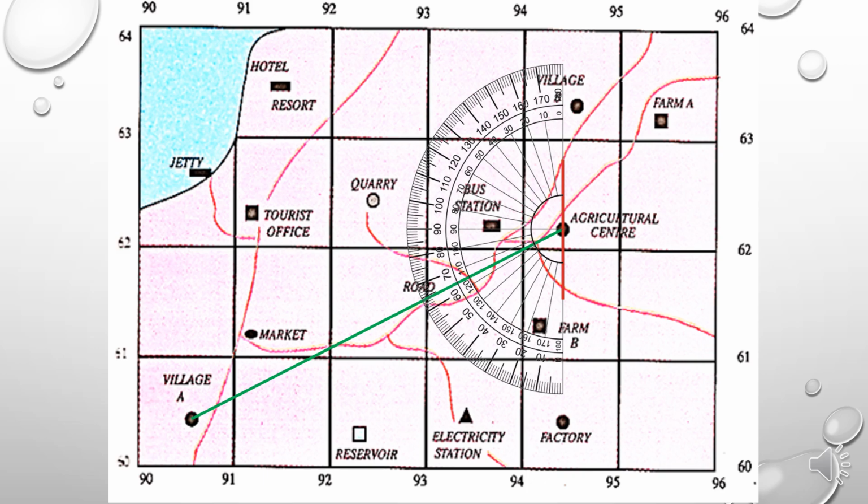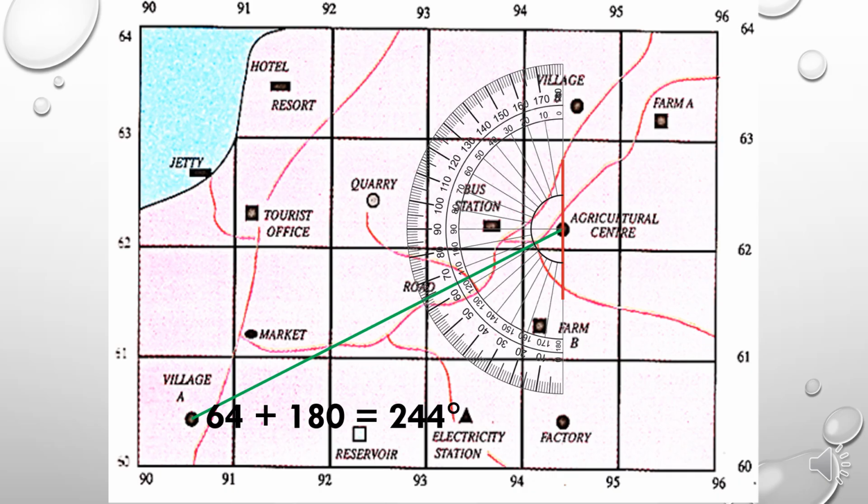Now the angle that we have obtained is 64 degrees. So we're going to add 64 degrees to 180 and our answer is 244 degrees. That is the bearing of village A from the agricultural center.